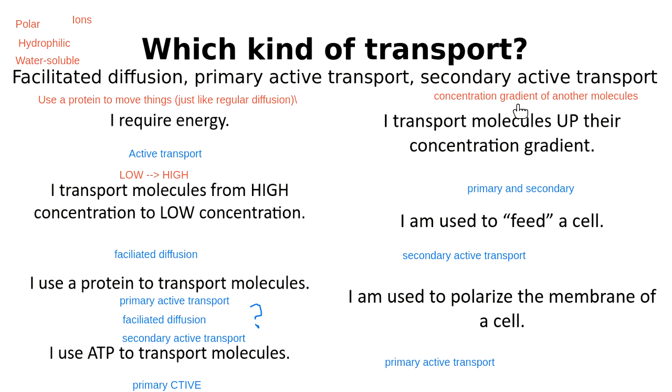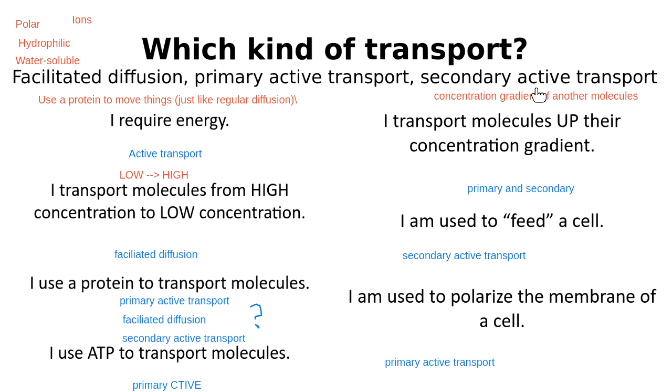That allows the other molecule to go uphill, from a place where there's not a lot to a place where there's already a lot. We did in class yesterday that boulder hill example where we rolled things down the hill to knock something else up the hill. That's secondary active transport, when somebody goes from high to low to allow somebody else to go from low to high.